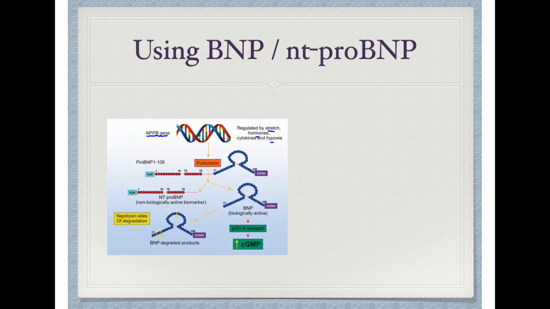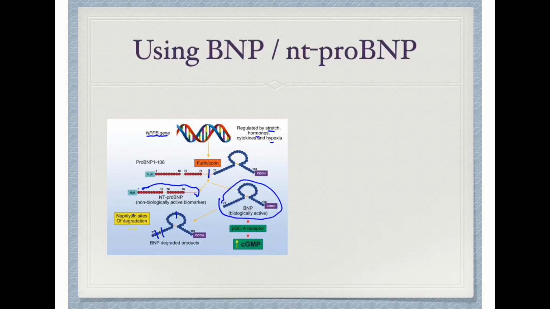It's then cleaved to form the biologically inactive N-terminal proBNP, which is released into the blood but doesn't do anything, and the biologically active BNP, which then goes on to act on the kidney to promote salt excretion. After a little while, the enzyme neprilysin cleaves the BNP at various sites to render it inactive.